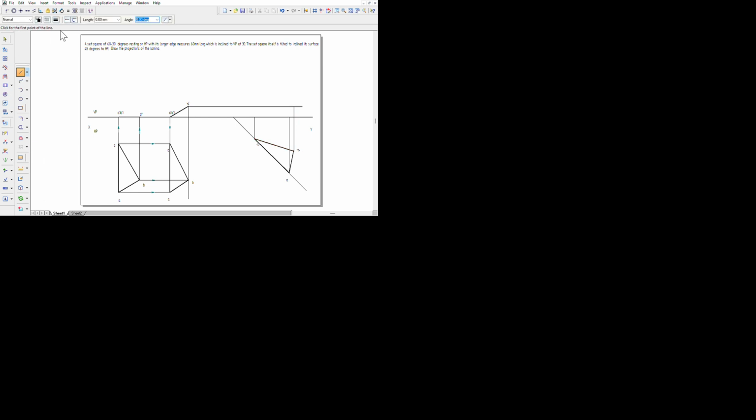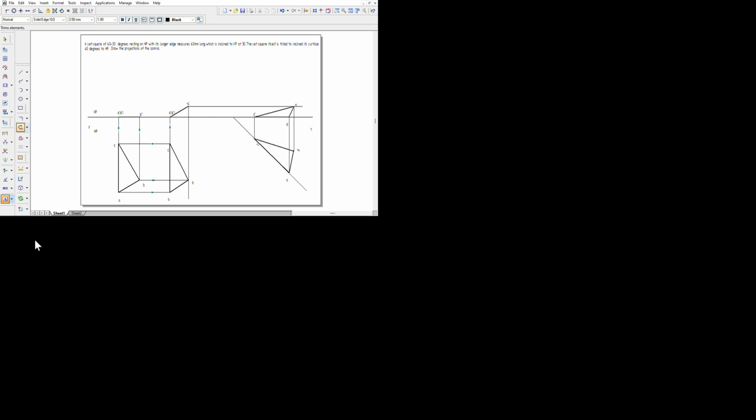Now let's take a visible line and join this. Let's name this B dash, C dash, and E dash.